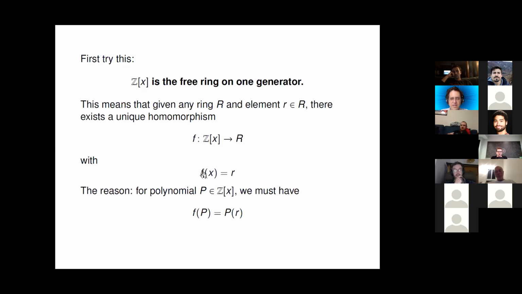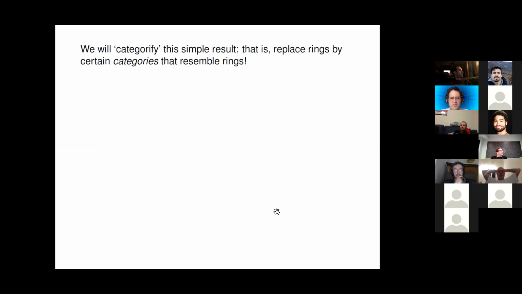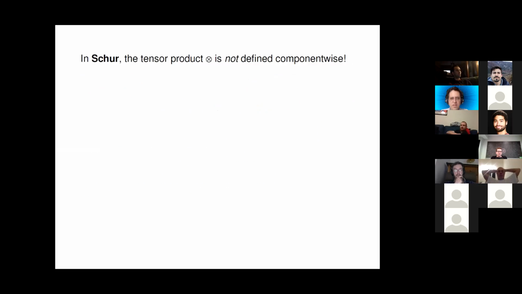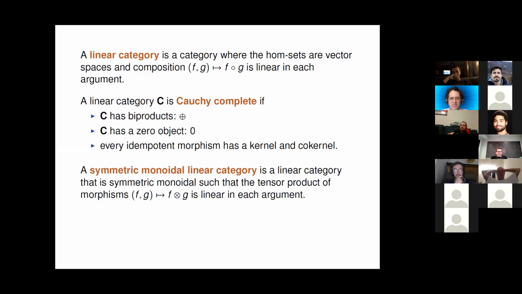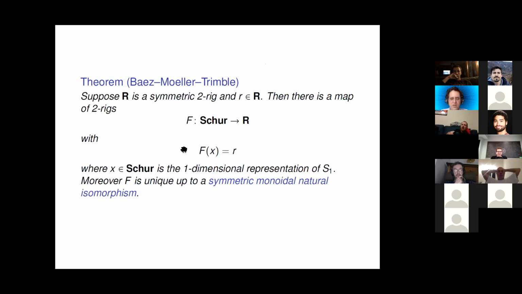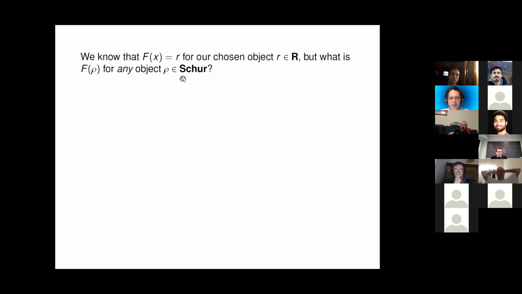We said F sends X to R, then what does it do to any other polynomial? Well, it does something pretty reasonable to every polynomial. It's a question that's important because it's how you prove that this theorem works, to understand what F does to everything in Schur. So that's the question I'm asking here.